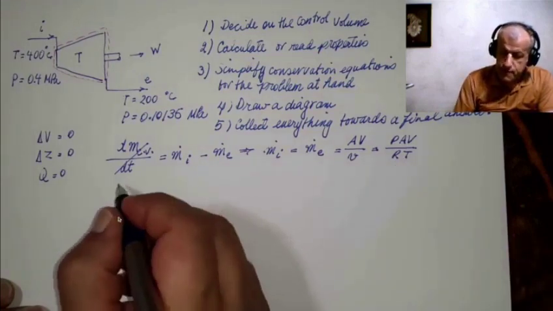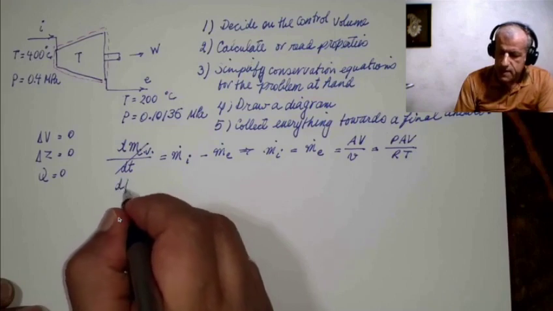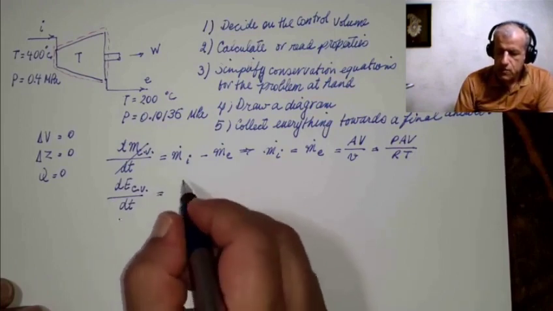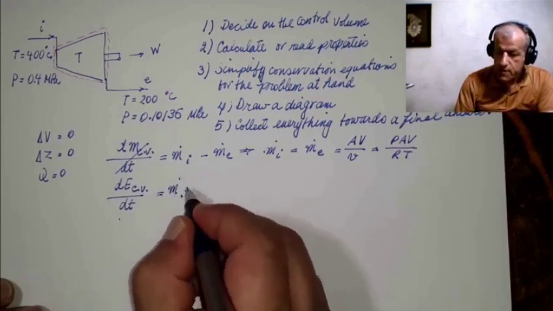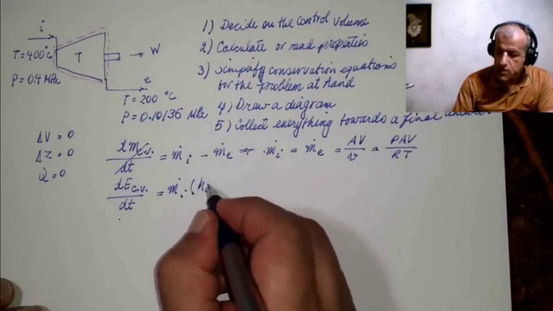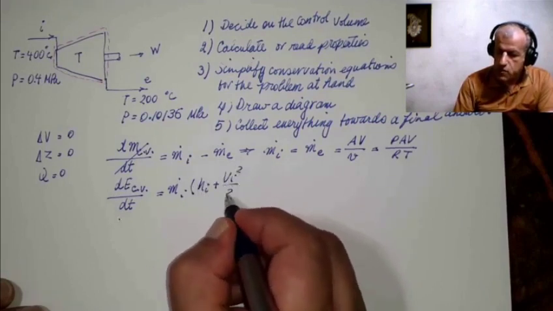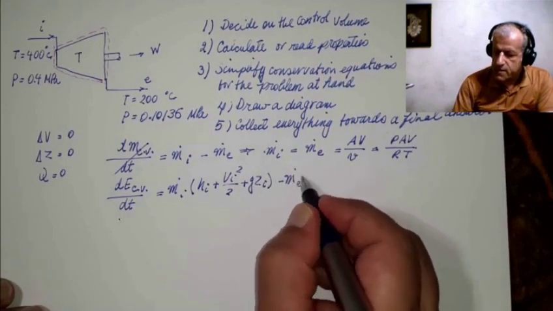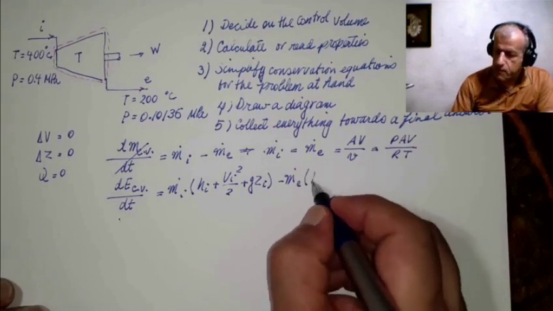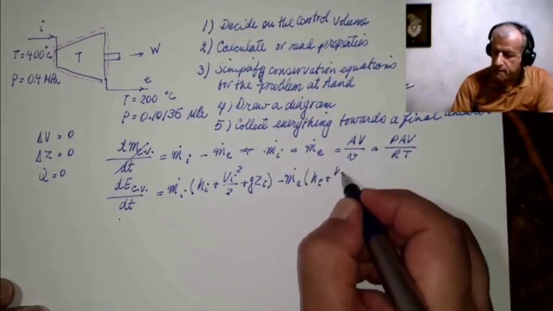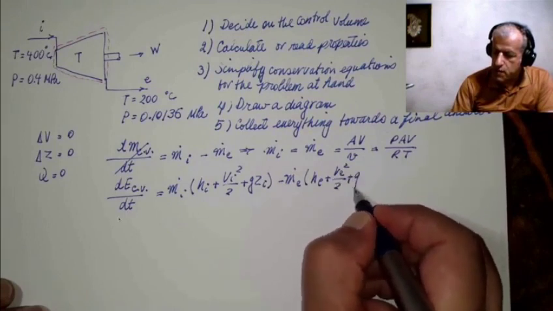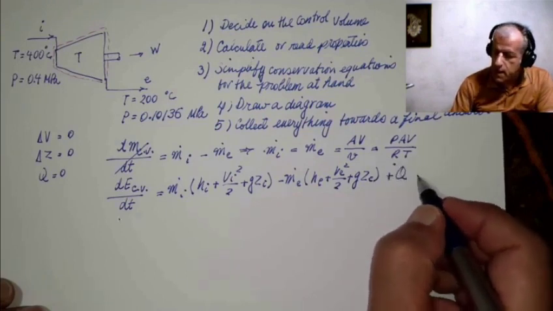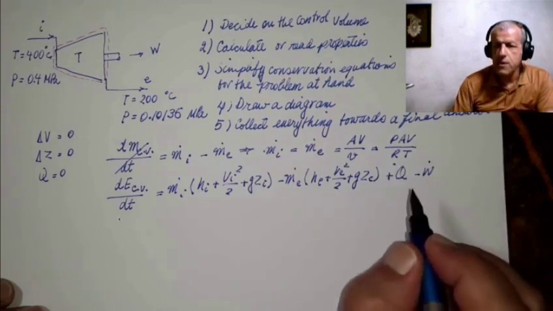Now, the first law of thermodynamics tells us that dE_CV/dt equals m dot_i times (h_i plus V_i squared over 2 plus g z_i) minus m dot_e times (h_e plus V_e squared over 2 plus g z_e) plus Q dot minus W dot.